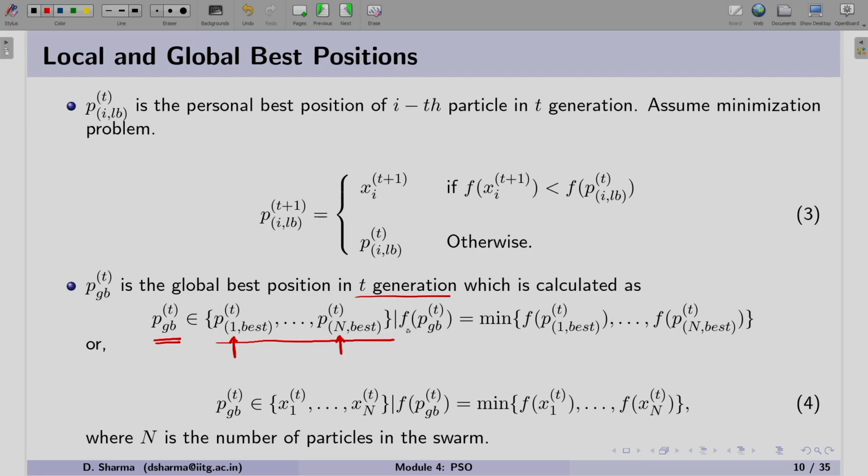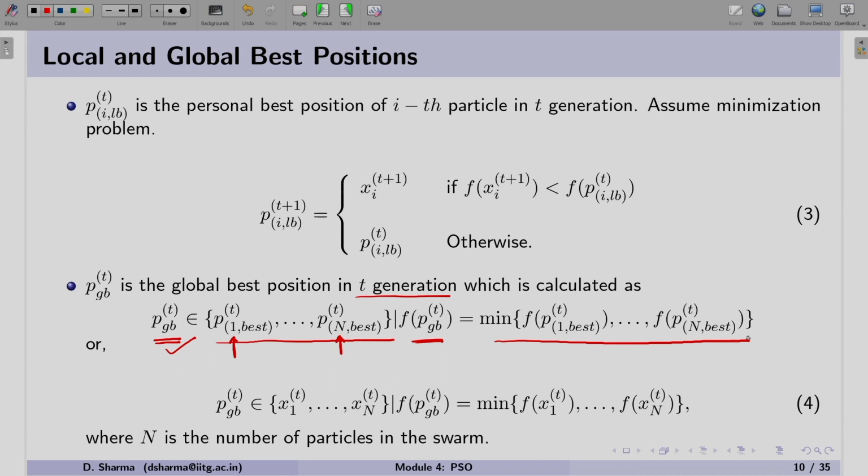How can we find it? We say that the global best of the swarm is one of the local bests of the particles such that its fitness is the minimum among all the solutions. So, what it is suggesting is, suppose we have 10 particles and we know their local bests.